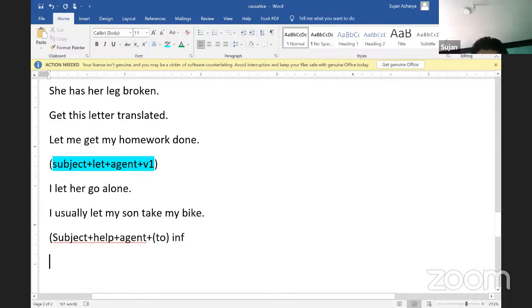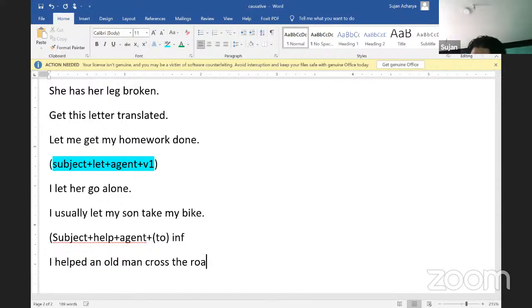For example, I helped the old man cross the road. Or you can write to cross the road. I helped an old man cross the road.